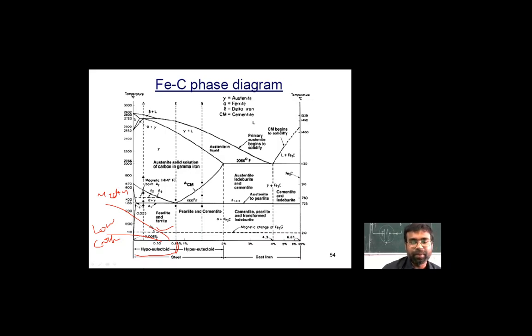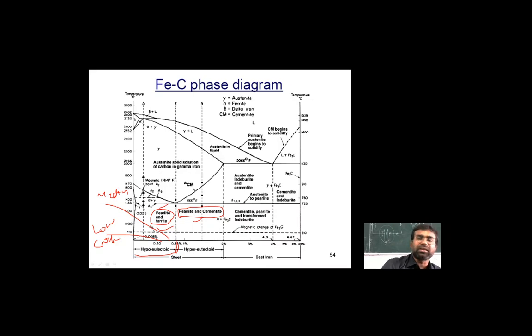As you can see, the pearlite and ferrite combination is shown here, which means a soft and ductile material, and here the pearlite and cementite is present, which means the harder steel is accomplished over here. That harder steel is basically related to the high carbon alloy steel. So these are the ranges which vary from one place to another.